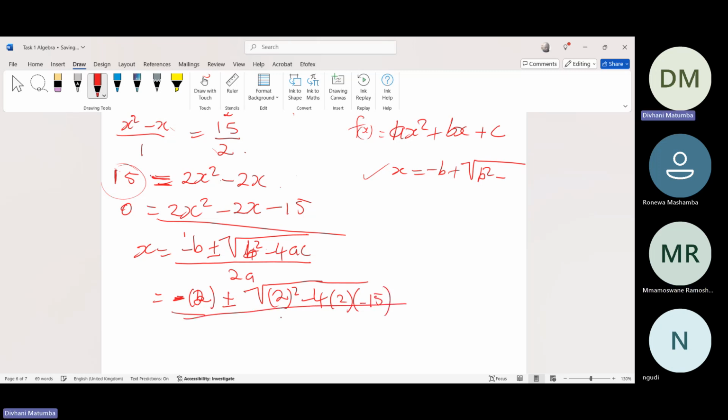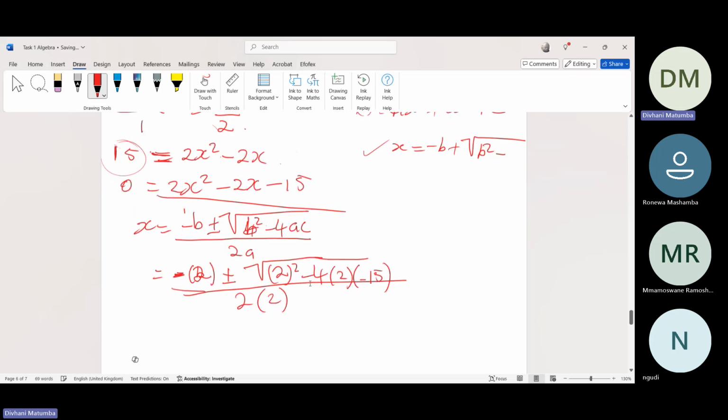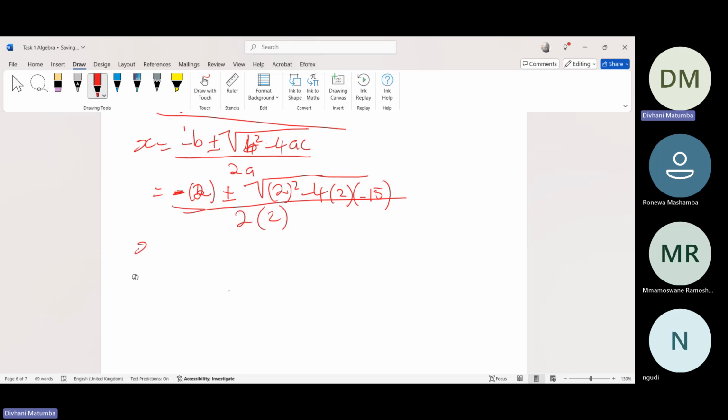So this will be 2 times a, which is 2. We will have x equals minus 2 plus or minus the square root of 2 squared minus, it's going to be a plus, because negative times negative will give us a plus. 2 times 15 is 30. 30 times 4 will give us 120.